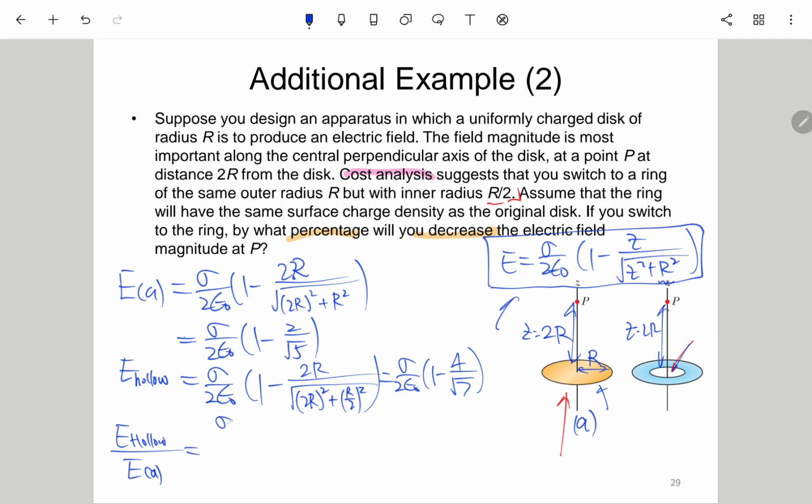So it will be sigma over 2 epsilon naught times 1 minus 4 over square root of 17, over sigma over 2 epsilon naught and then 1 minus 2 over root 5. Most of this can be cancelled, leaving the root expression. You can also multiply it by 100%, since it asks for the percentage. So finally, pressing the calculator, you get 28.3%.